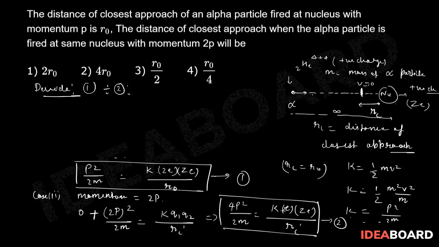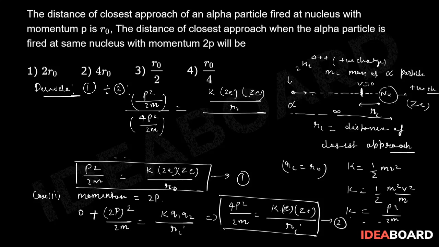I get p square divided by 2m divided by 4p square divided by 2m on the LHS. RHS is k into 2e into Ze divided by r naught, divided by k into 2e into Ze divided by rc dash.